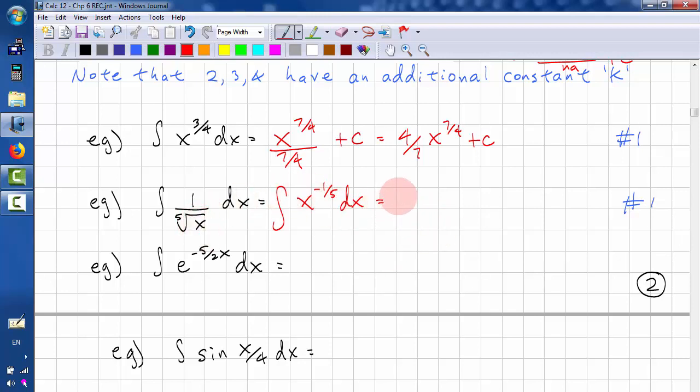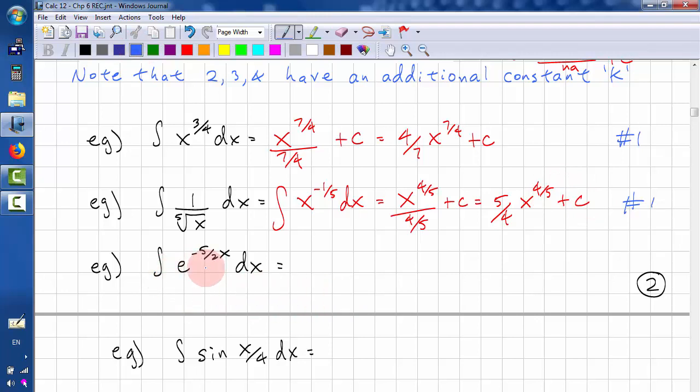So we add 1: x to the power of 4 over 5, over 4 over 5, plus c. Again, we want to remove the fraction in the denominator, so we multiply by the reciprocal. We get 5 over 4, x to the power of 4 over 5, plus c.